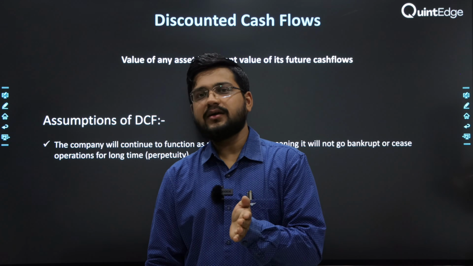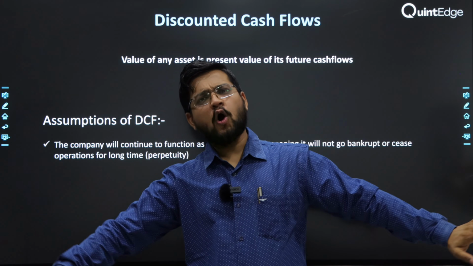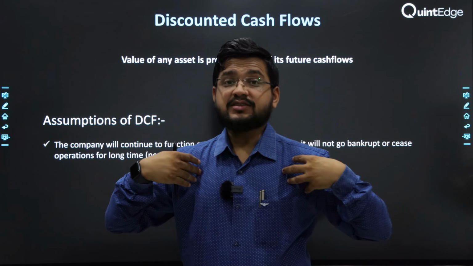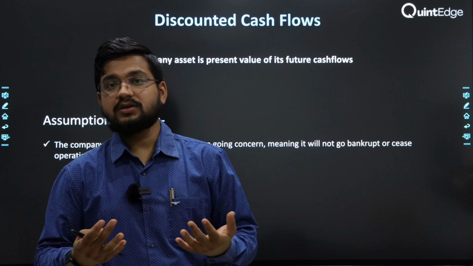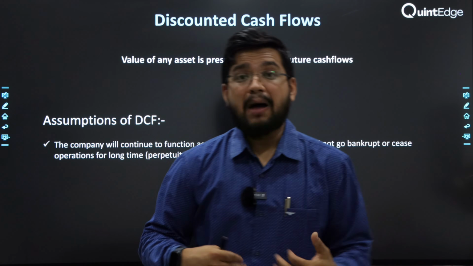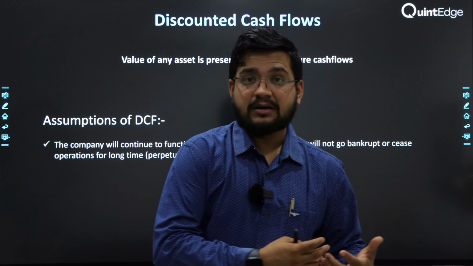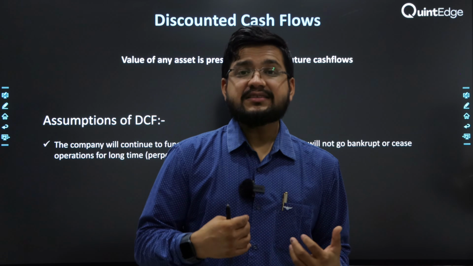In the DCF method, we ignore all the competitors and say my valuation will be derived on the basis of my margins, my growth rate, my products, my capital structure, all these things.